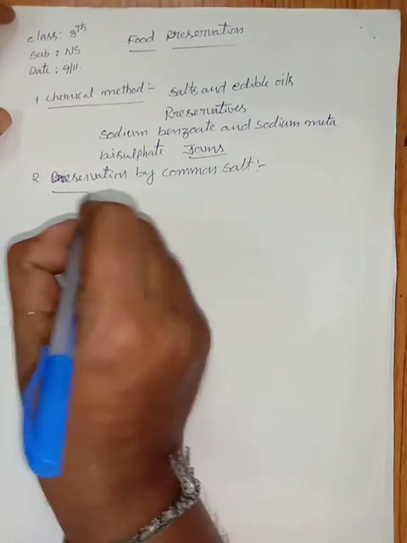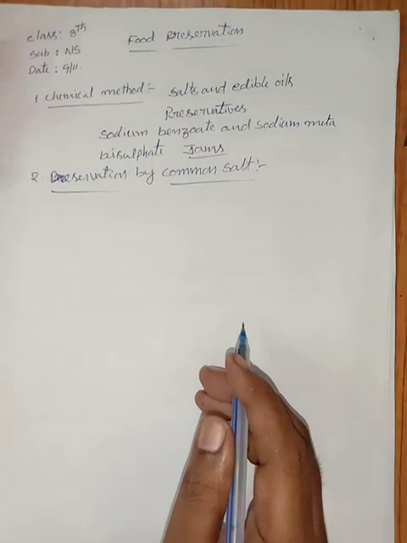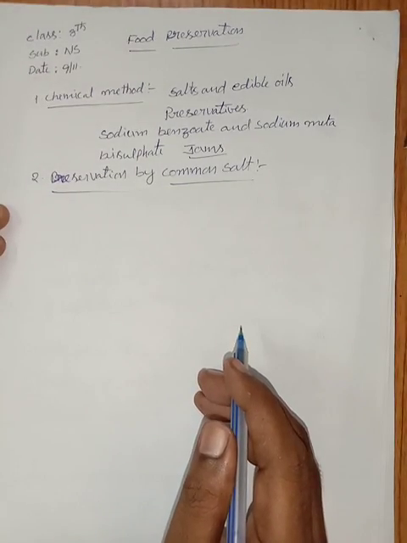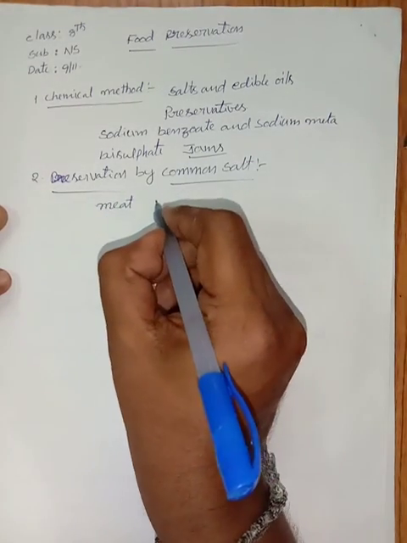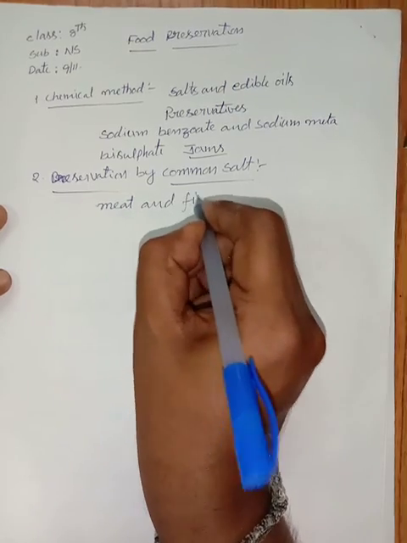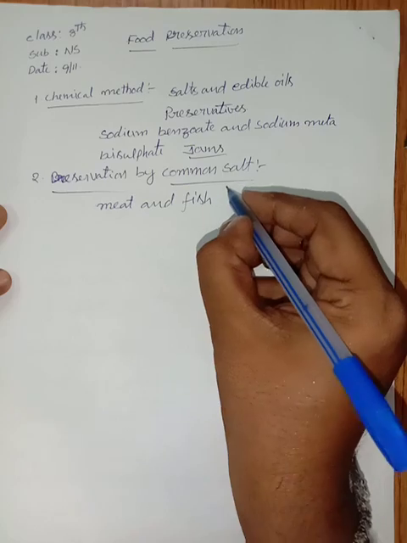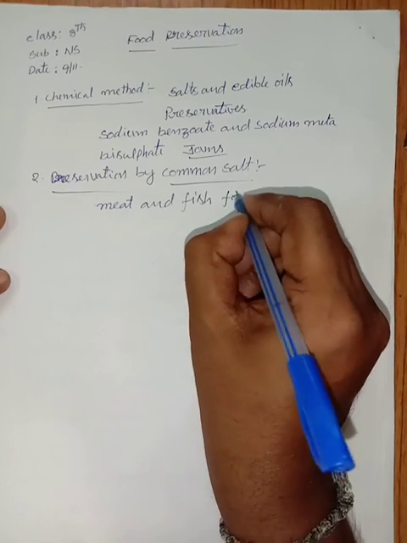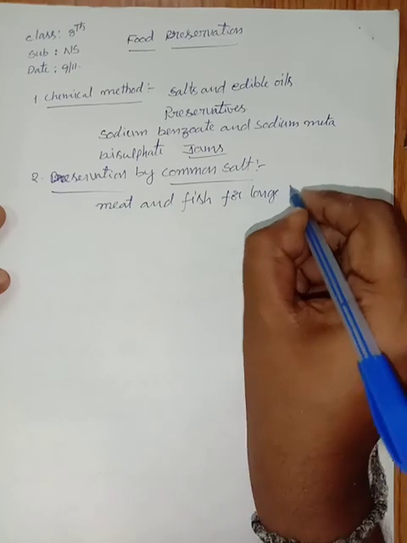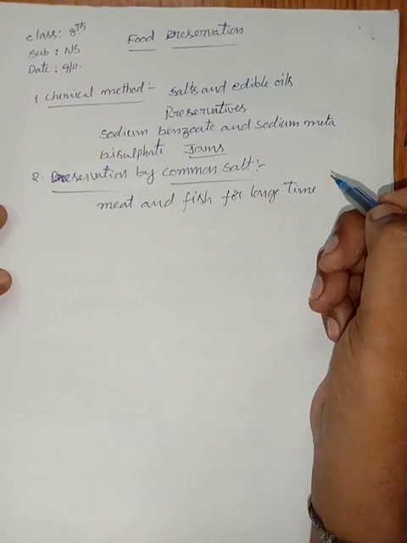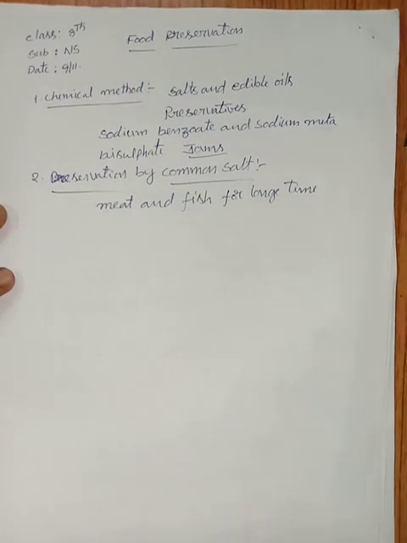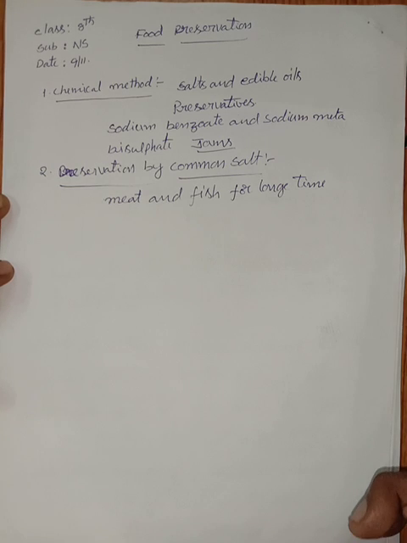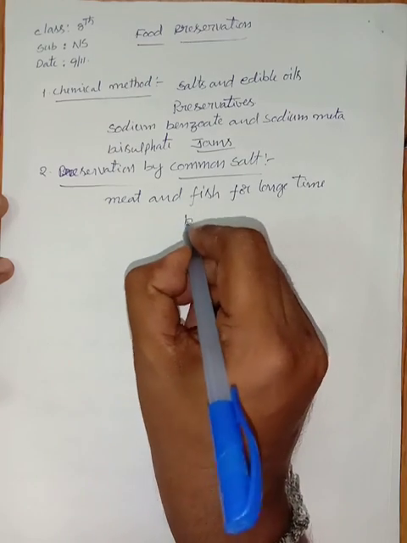Common salt has been used to preserve meat and fish for a long time. Meat and fish are covered with dry salt to check the growth of bacteria.